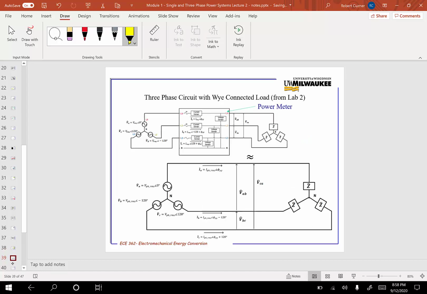Now in the lab, which the second lab that you will do, you will be working with a three-phase circuit like this. And this looks a lot like the sketch that I drew where we had the sources on this end and we have the loads here, and whereas I showed each load having, say, an R and an L, in the phasor representation this would be R plus jXL.